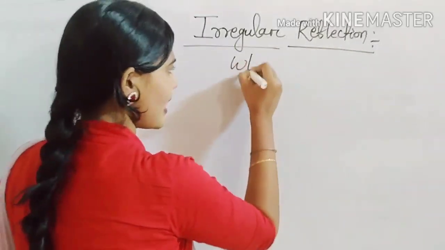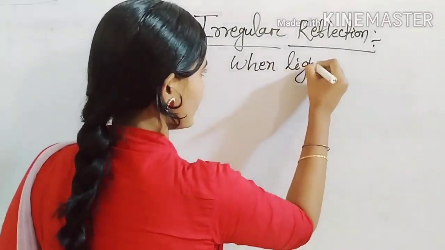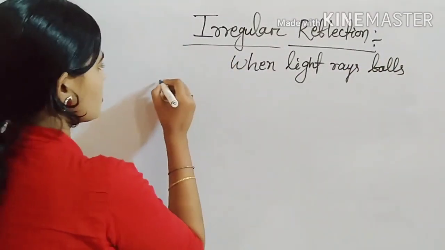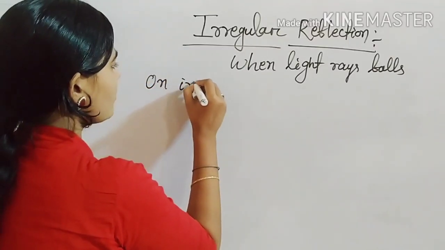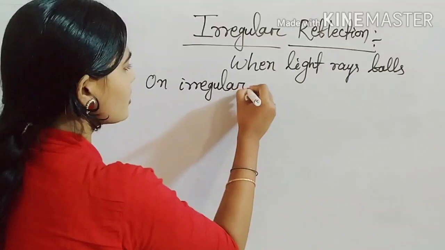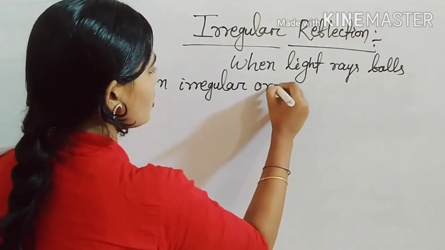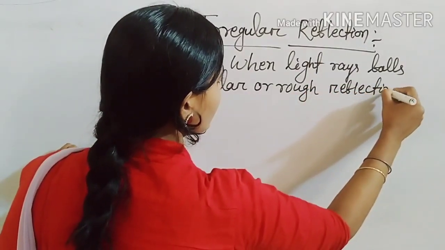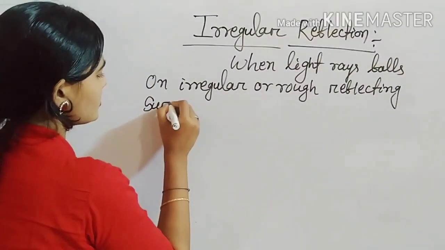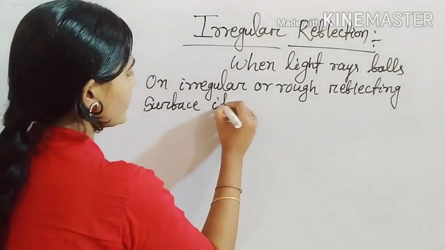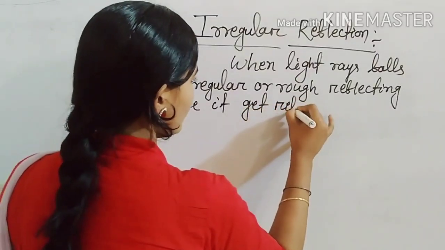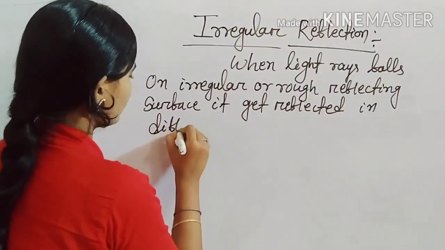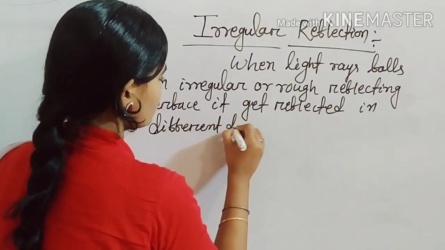When light rays fall on an irregular or rough reflecting surface, it gets reflected in different directions.